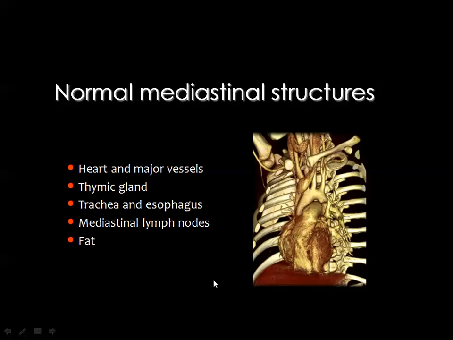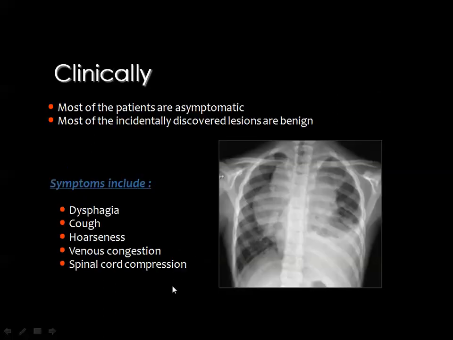Then in the mediastinum, you know that there are the major vessels, the heart, the thymus, the trachea, the esophagus, mediastinal lymph nodes, and fat. And you may remember that we have discussed the mediastinum in adults.